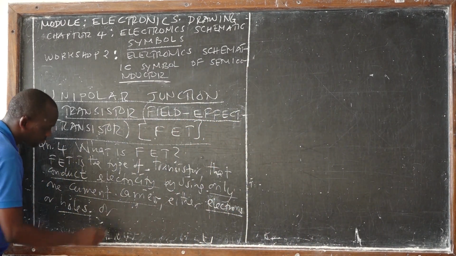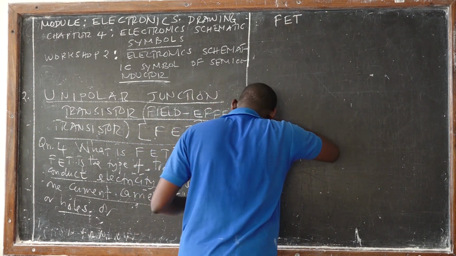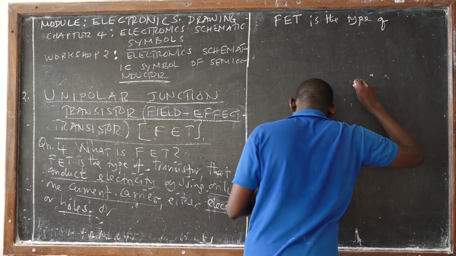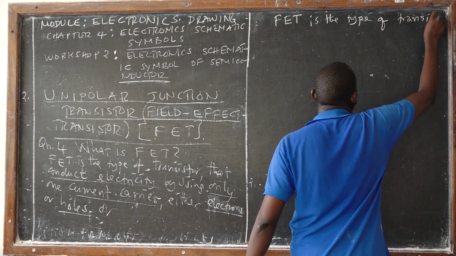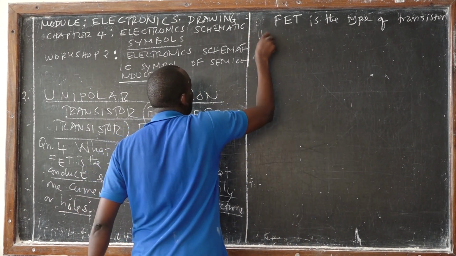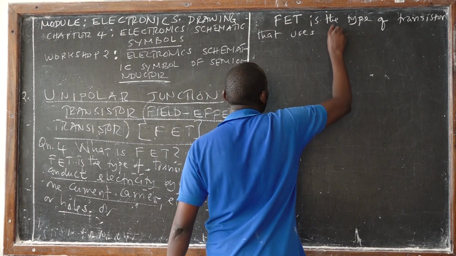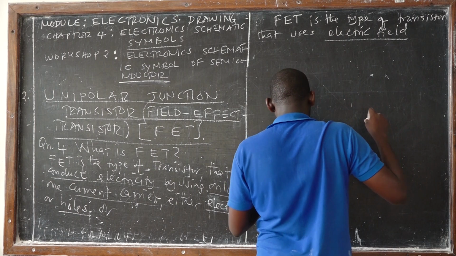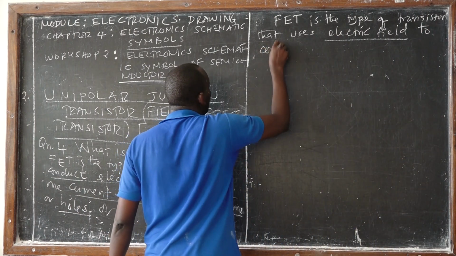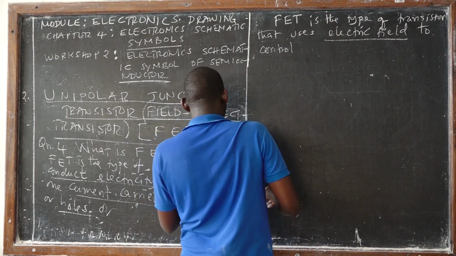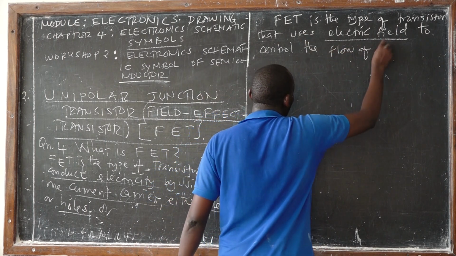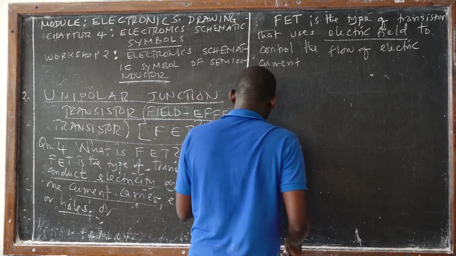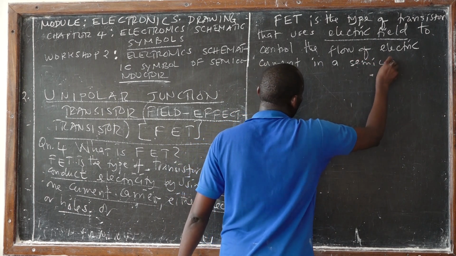Or in other words, a field effect transistor is the type of transistor that uses an electric field to control the flow of electric current in a semiconductor.